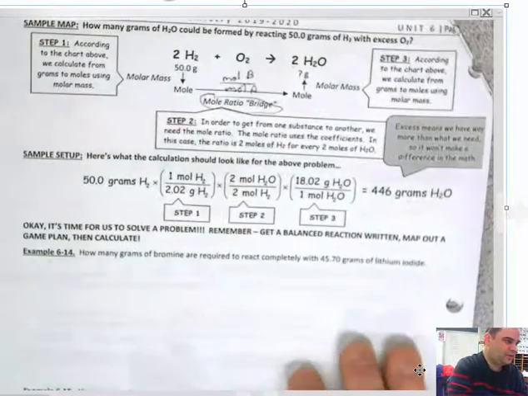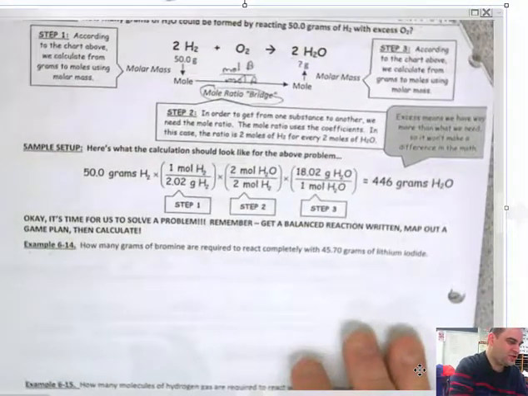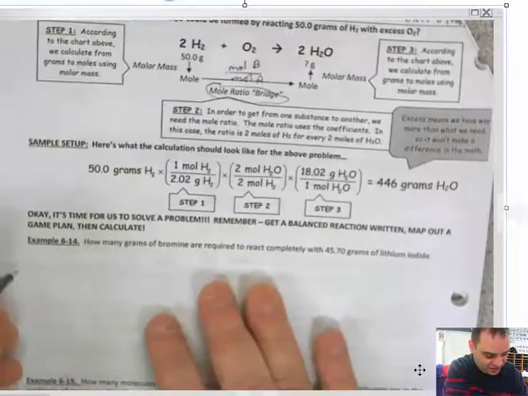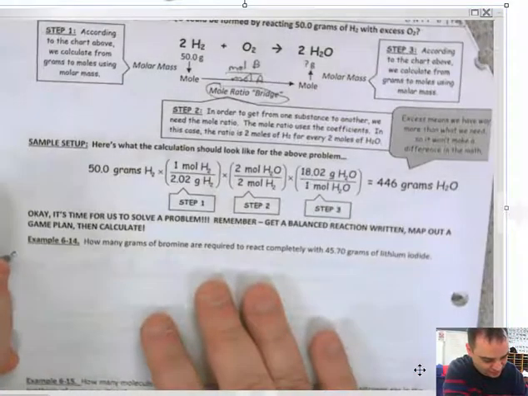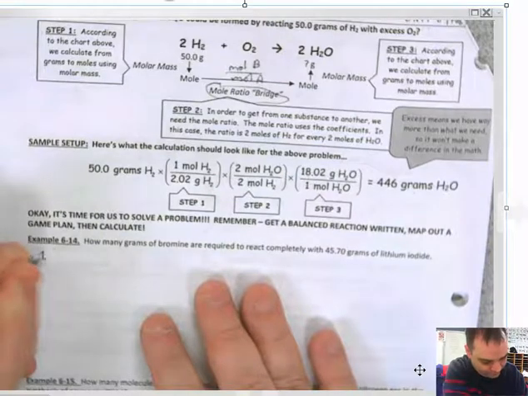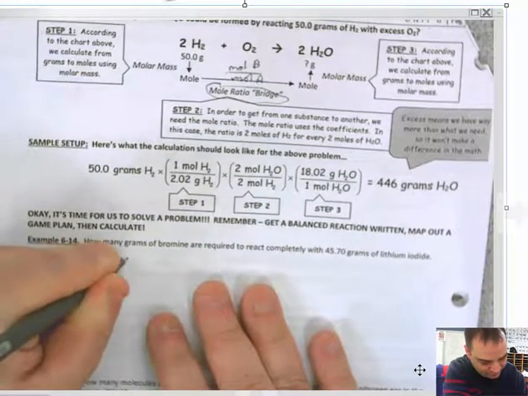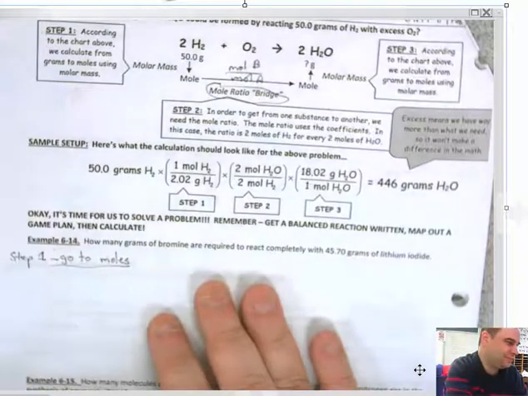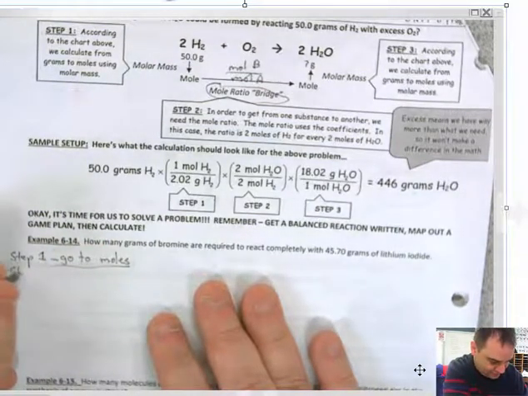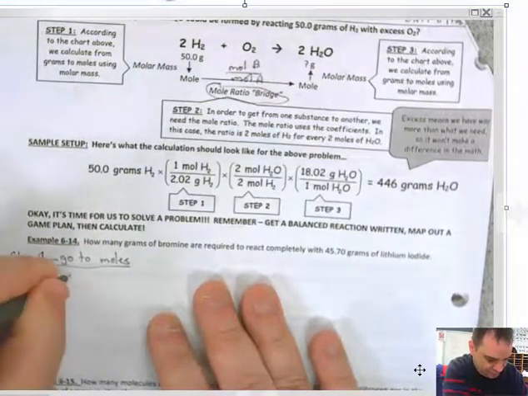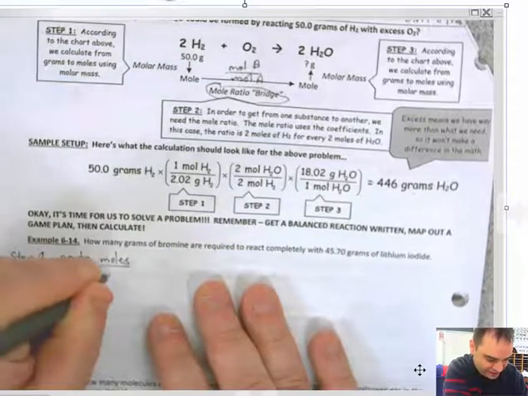Or you're going to also see me do the checklist. There's also a checklist I sometimes do, too. My checklist is this. Step 1. Go to moles. Step 2. Mole ratio.